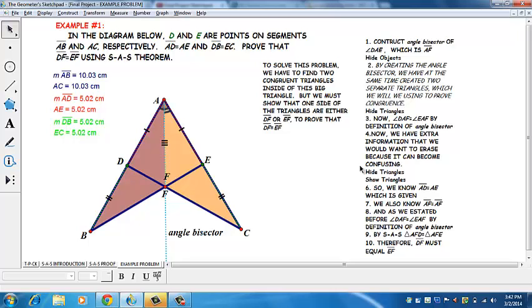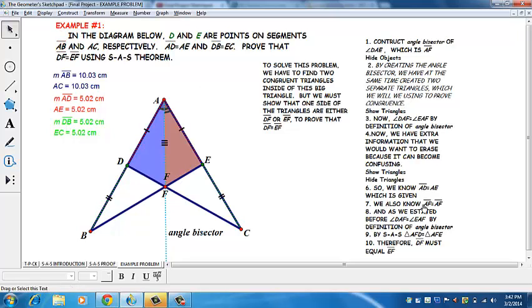So what I'm going to do is hide the two triangles that I created, but I'm going to show the two triangles that I'm going to work with, okay? I have triangles AFD and AFE, right? Now, we know that the line AD is congruent to line AE, which is given over here. They give it to us.